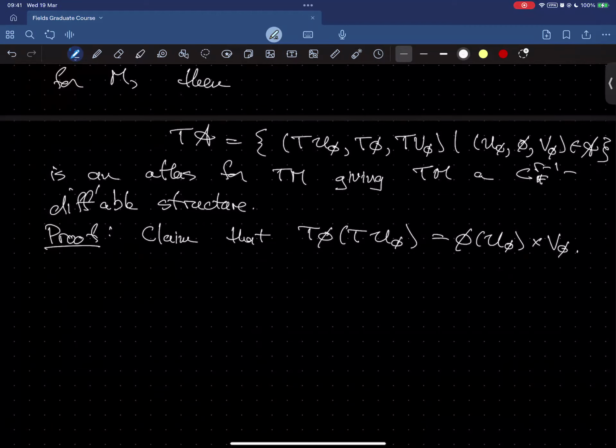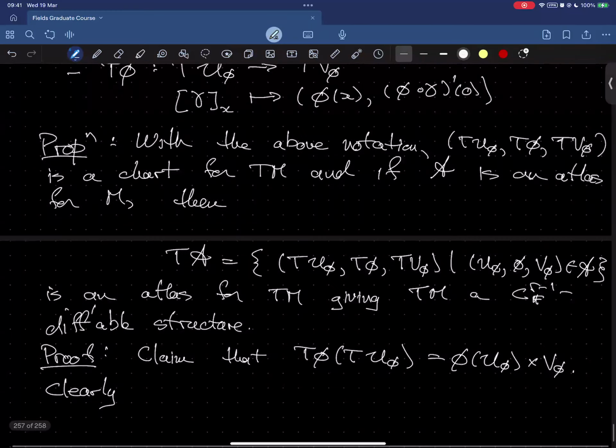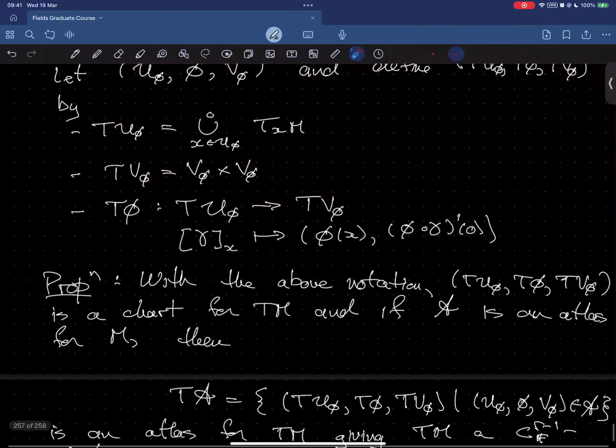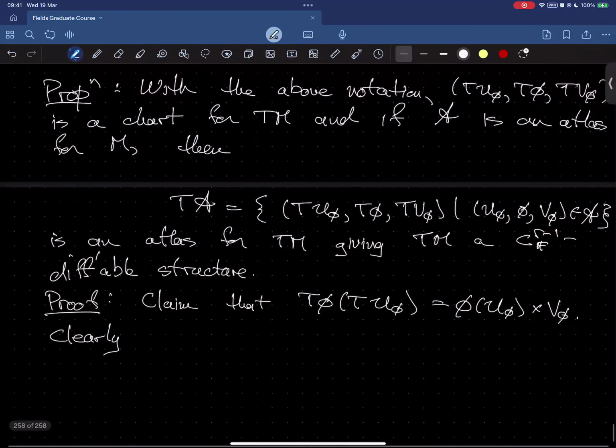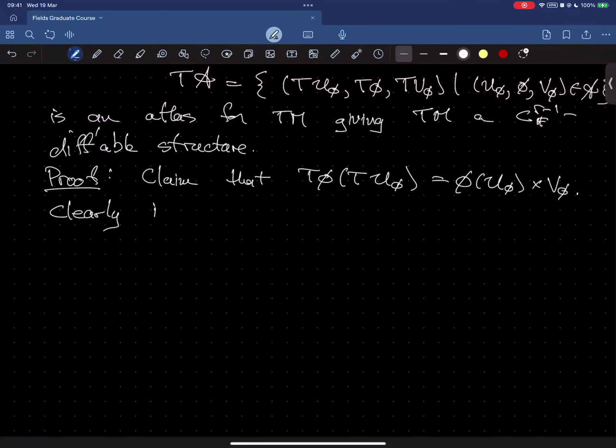Clearly, by the definition of T phi, this thing is in phi of U phi, and this thing is in V phi. So it's clear that the image of T phi is a subset of phi of U phi cross V phi.